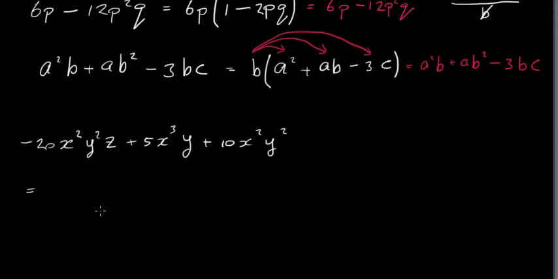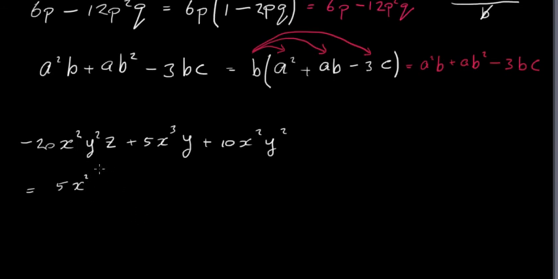Now if we look at the numbers first, we've got a 20, a 5 and a 10. So 5 will divide into all three of these. So I'm going to take out 5 here anyway. Now let's look at the letters individually. So we'll take x first. We have an x squared, an x cubed and an x squared. So x squared will divide into x squared, x cubed, and x squared. So I can also take out x squared here.